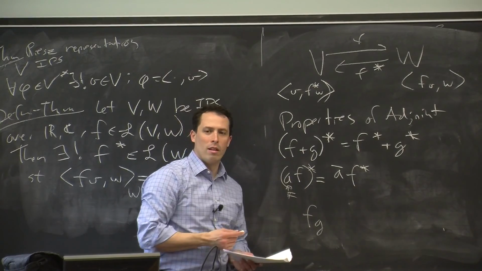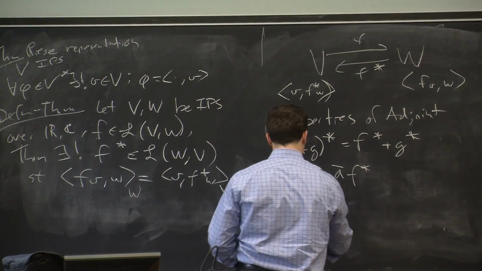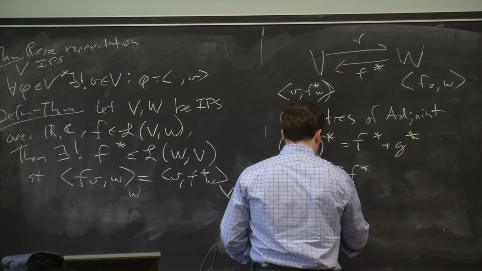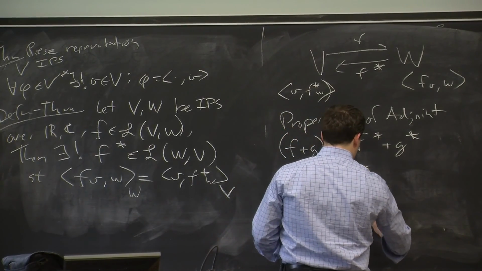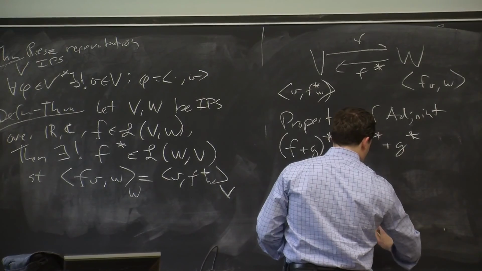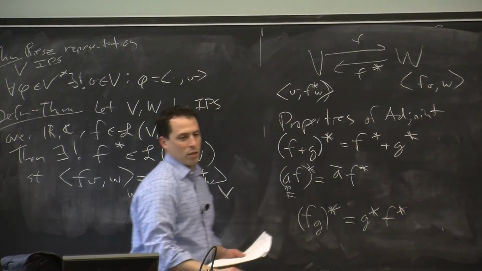So this is an example of composing two linear maps. If I compose two linear maps and take the adjoint, I can push the adjoint through the parentheses, but I have to switch the order of the maps.